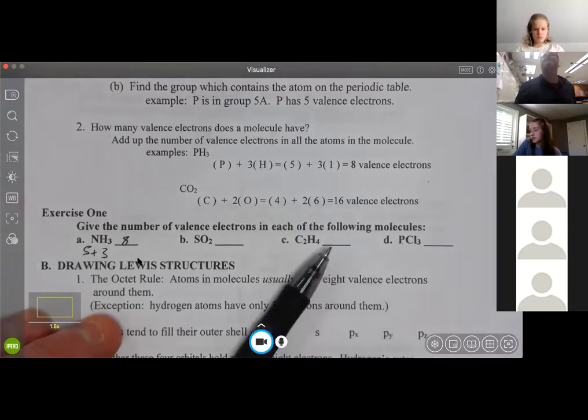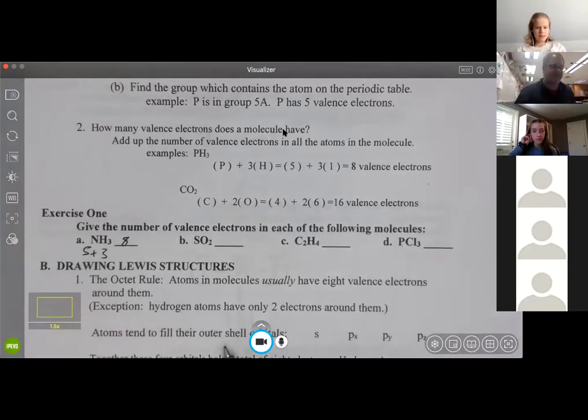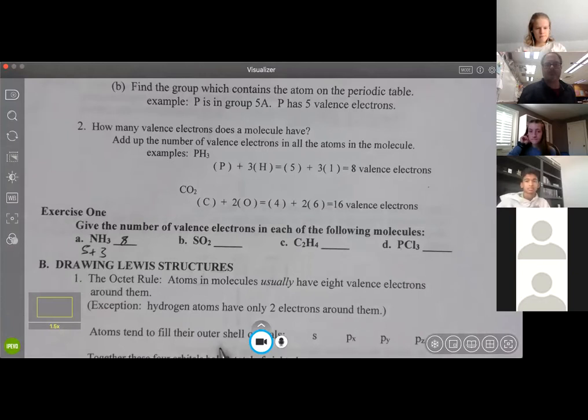I'll even open the chat bar for you if you're so afraid to speak. Is it 7? Not 7. PCl3. Oh, look at him. He's getting nervous. He's going to turn on his camera and he's going to show his fingers. He's going to try to hint to you guys. Doesn't want the class to wait that long. No.